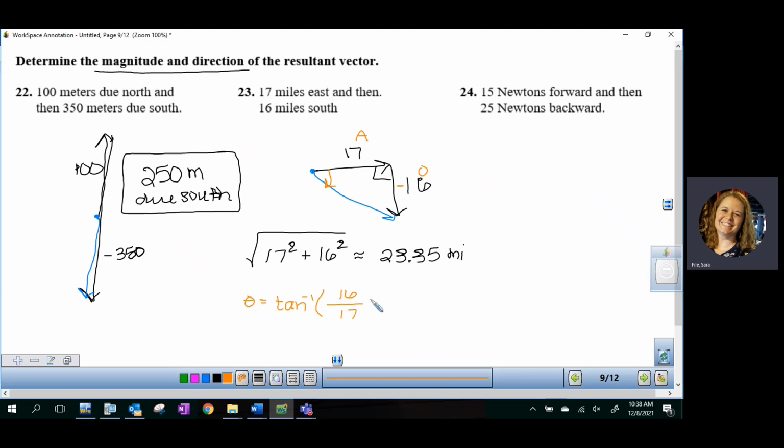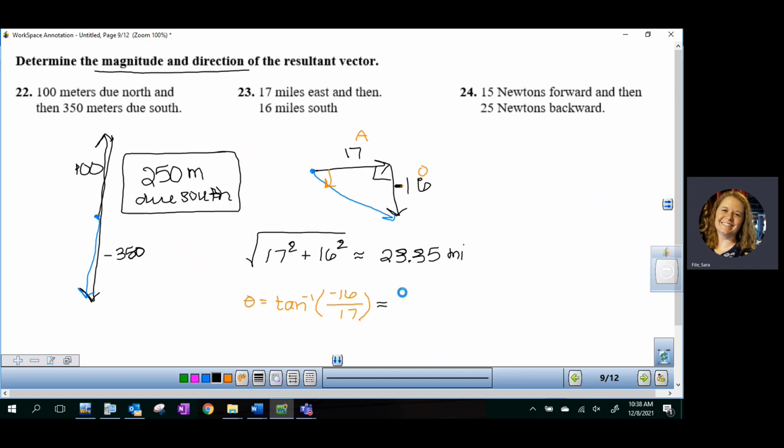Now this one is negative because it is down. So that needs to be negative 16. Does that make sense? So you do need to understand that going south means this is a negative movement in terms of the vector. It's always going to be tangent, yeah.